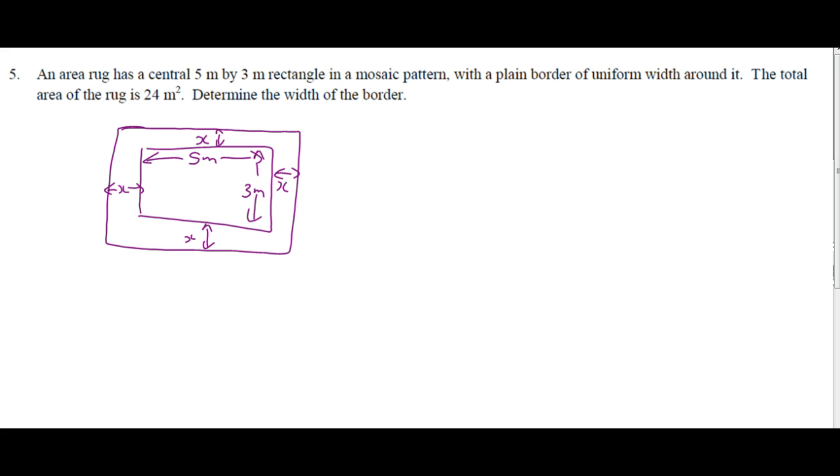The total area of the rug is 24 square meters. How big is this? What does this measure? 5 plus 2x. And how big is this? 3 plus 2x.